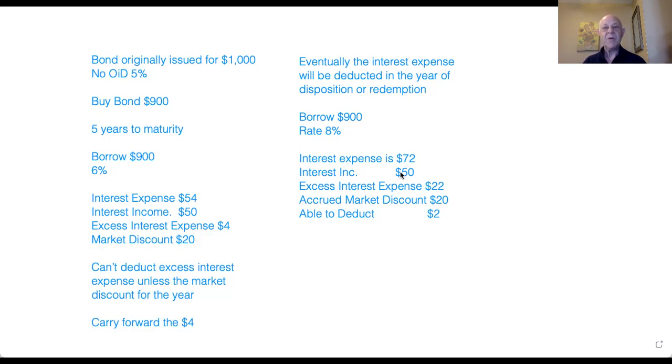Now, if you have a whole portfolio and you have a lot of bonds and a lot of borrowings and you can't match the borrowings with the bonds, if you don't want to do this, you can elect to accrue the market discount into income currently. And if we elect to do that, then this rule doesn't apply. But if you make that election, you have to make it with respect to every bond you own, and it's a lifetime election.